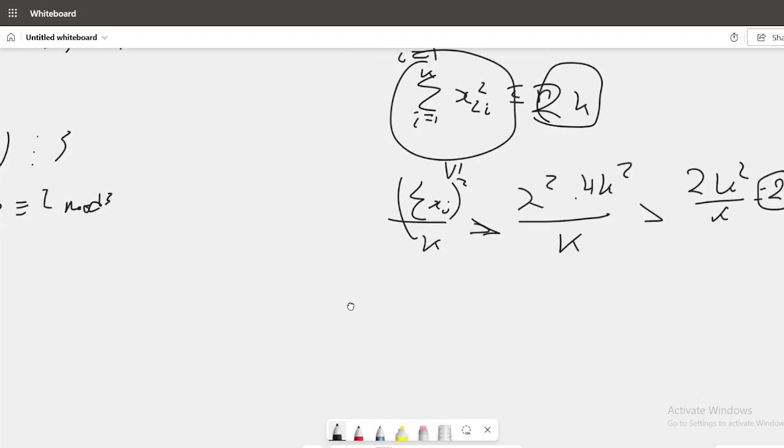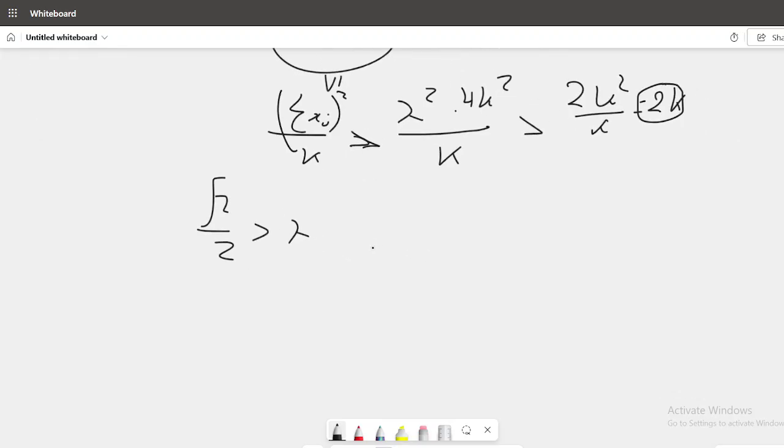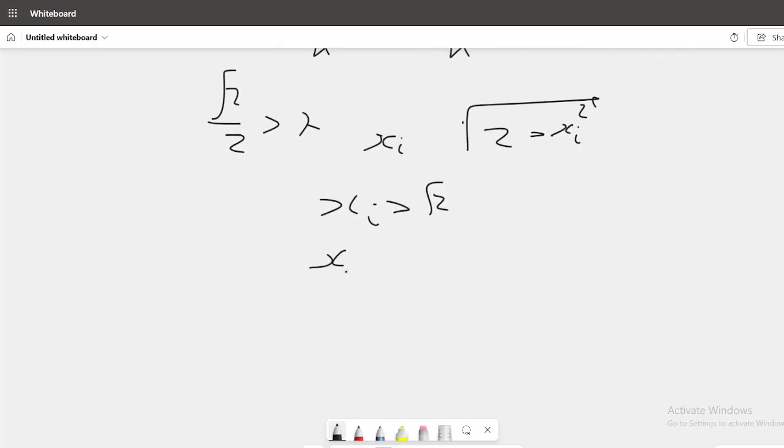Now let's suppose root 2 over 2 is greater than lambda. Well, now Bob will choose a strategy like this. When Alice picks an x, Bob will choose this number. Well, if at some point xi is greater than root 2, Bob wins on the spot. So let's just suppose he's been doing this strategy.